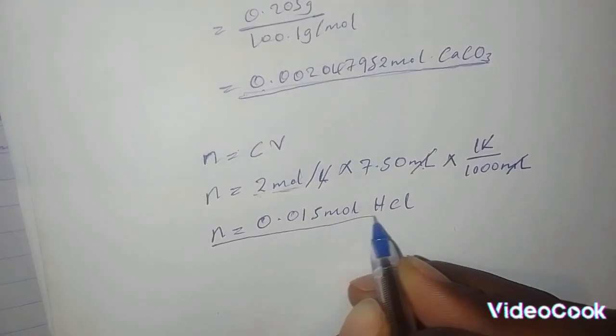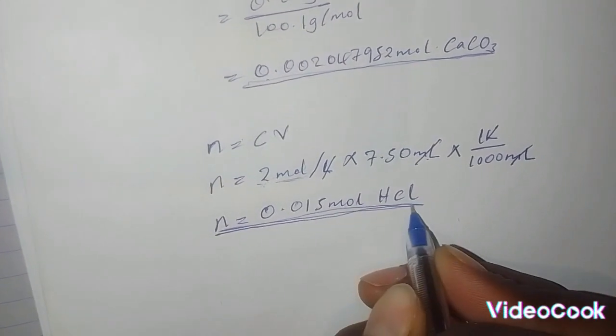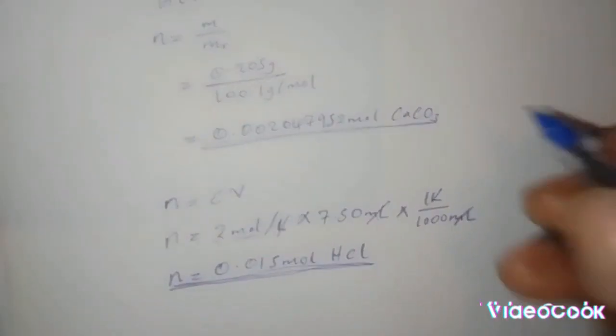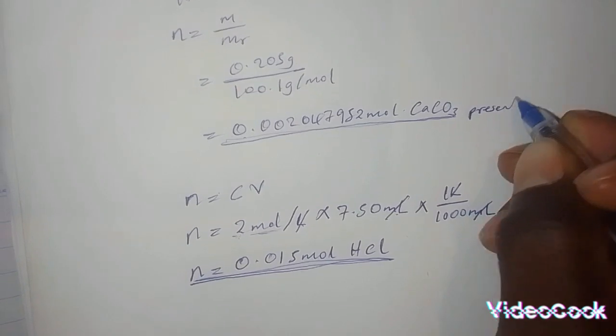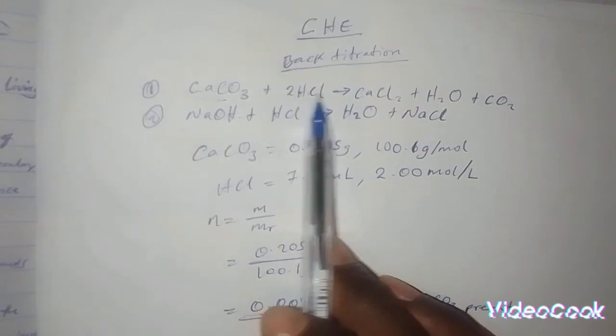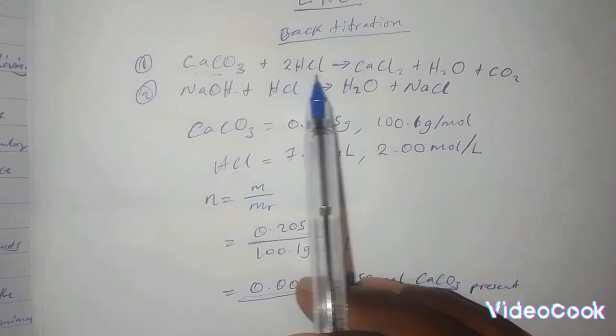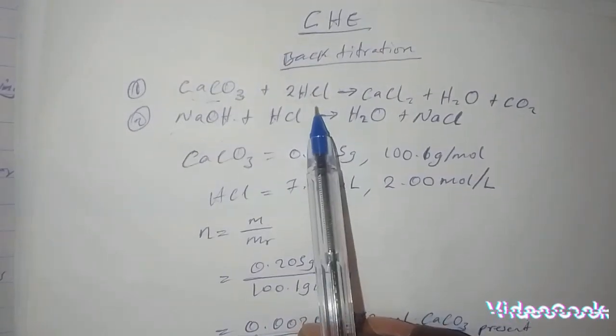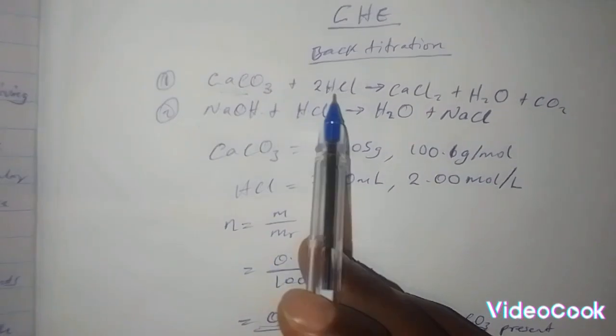So let us not forget, this is the number of moles for hydrochloric acid that are present. So we will say this one is present, this one is also present. But since from the equation we know that this was in excess, therefore let us just calculate the number of moles which was used here, or which reacted with calcium carbonate by using the mole ratio.